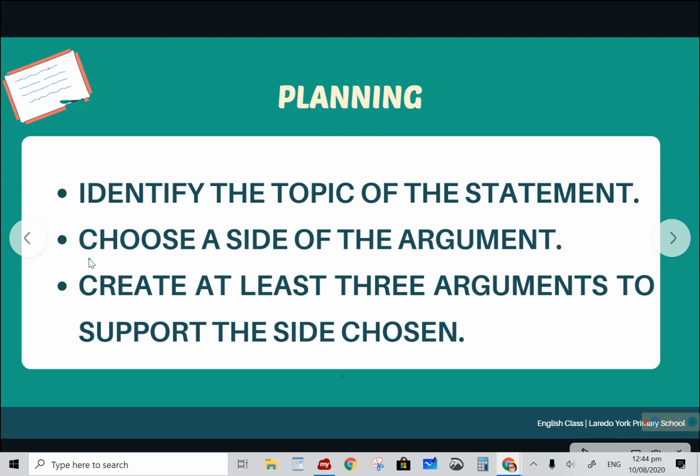Then you choose a side of the argument, whether you are for or against. Now, I advise students that in choosing a side of the argument, you choose a side that you can actually come up with arguments for. Some students try to stick with their personal points of view and get caught up in that, and sometimes are unable to move beyond 1 or 2 points.